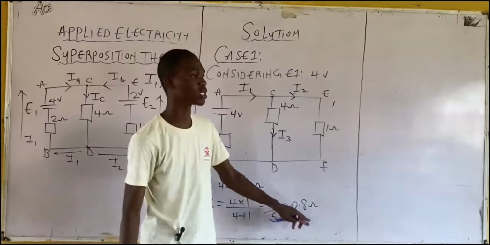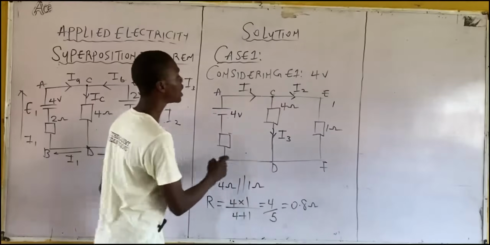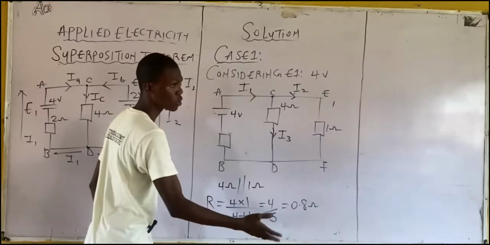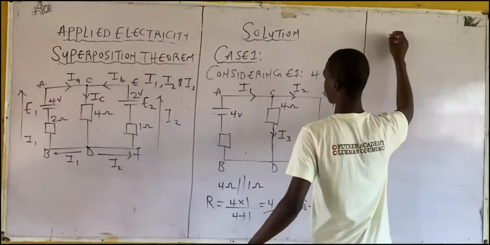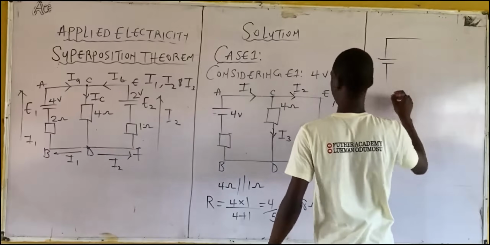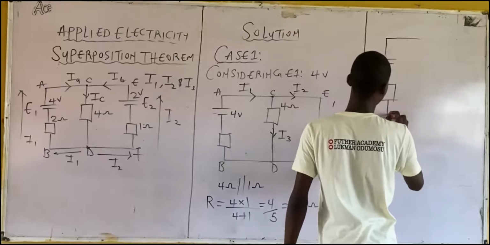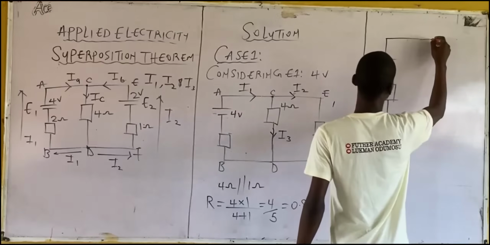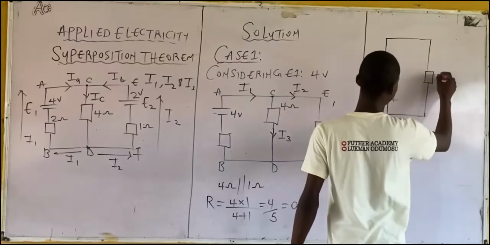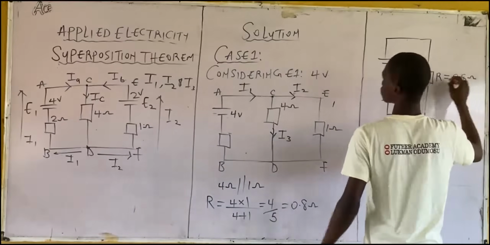We got a 0.8 ohm resistor. The next thing to do, we then add this diagram attaching this 0.8 ohm resistor. Then this is how it looks like. Then you have something like this. This is R. R equals 0.8 ohms.